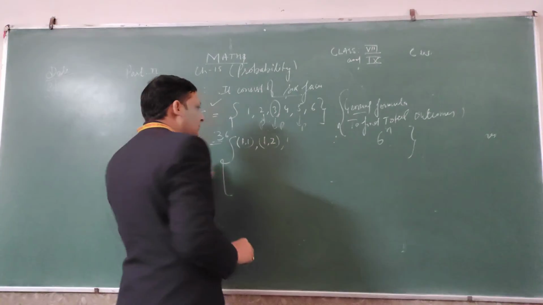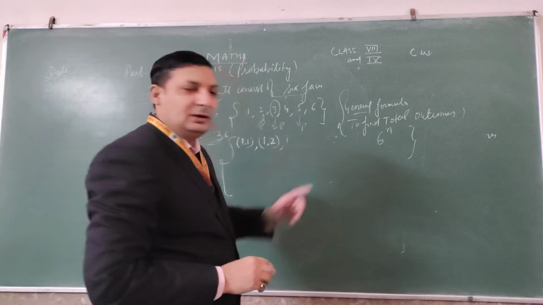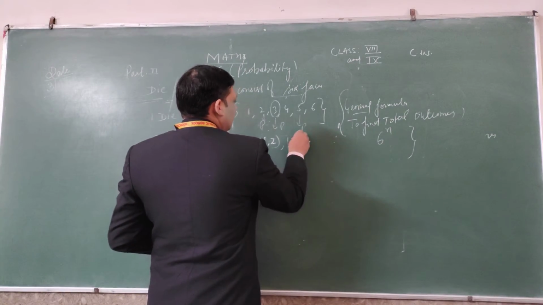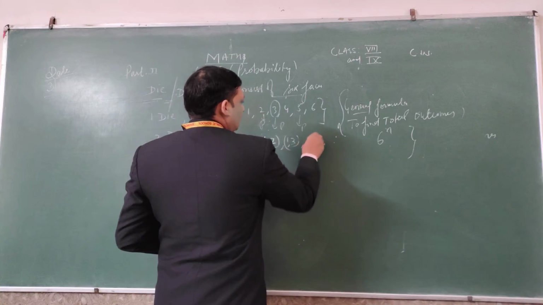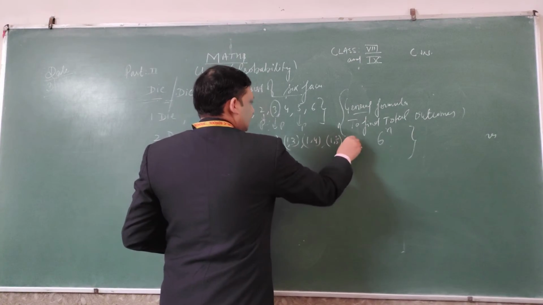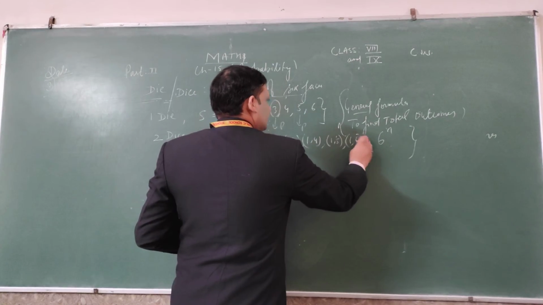Like this, I will keep the first face constant as 1 and on the second face I will write counting continuously: (1,1), (1,2), (1,3), (1,4), (1,5), (1,6).